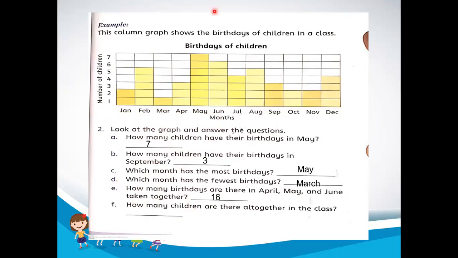Now tell me what is the answer. 54. Yes, Fatma beta, check it. Your answer is 44. Check it, beta. Everybody check your answer.